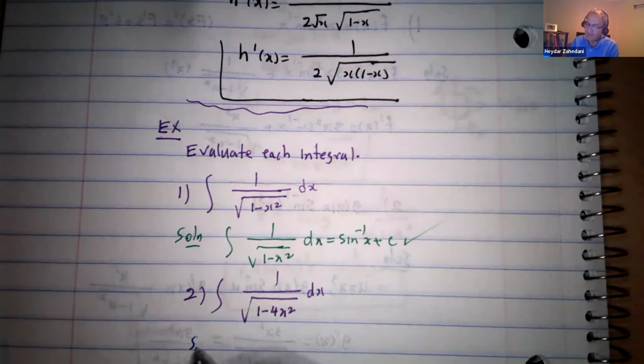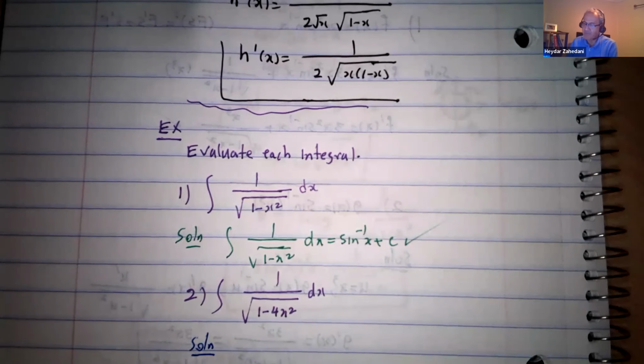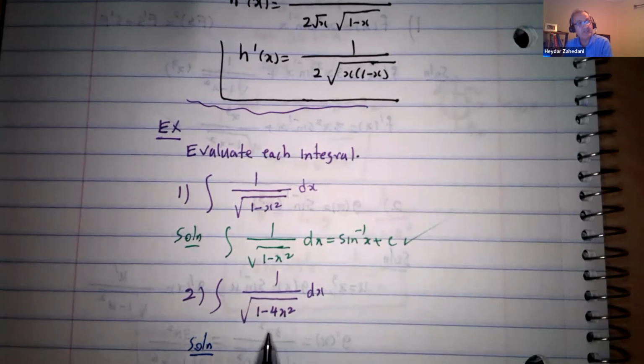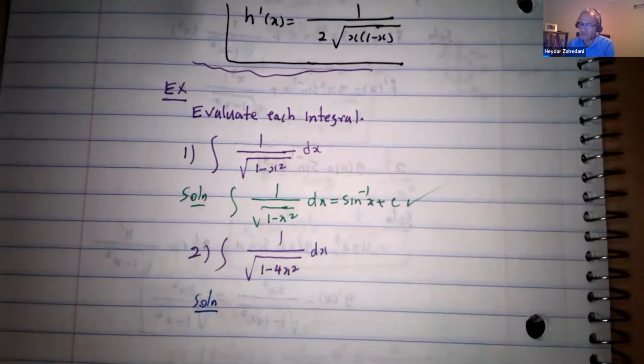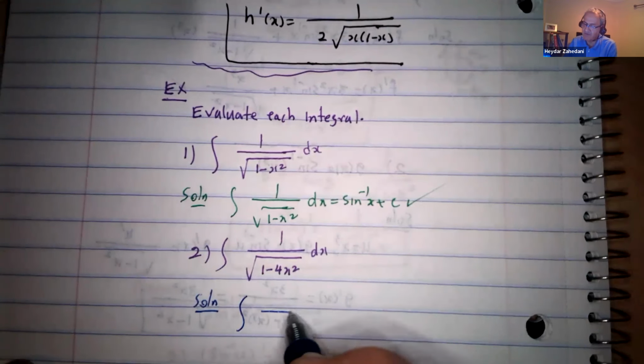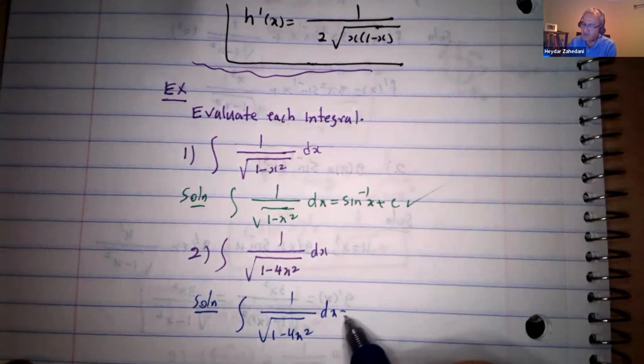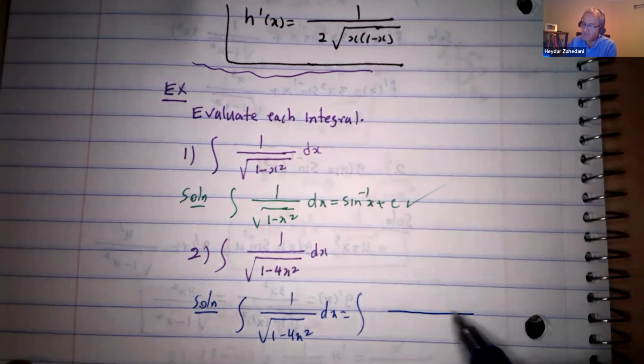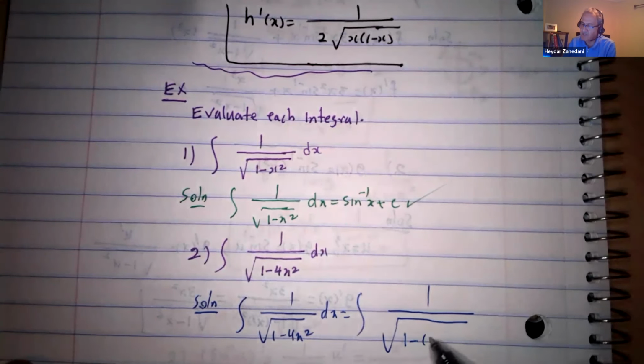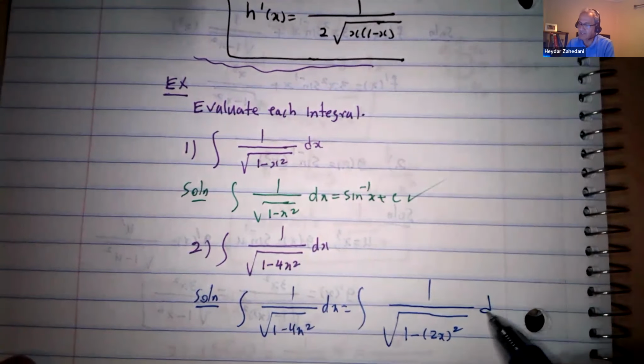Solution. You see, that's 1 over 4x squared. You don't have to write it, just explain it. This is the way you think about it. You say, oh, this is like 1 over the square root of 1 minus 2x squared dx.